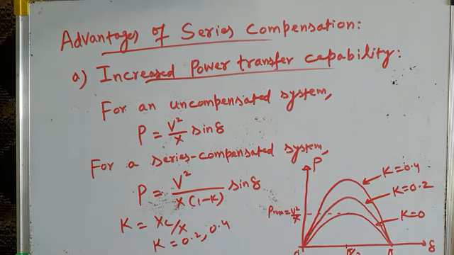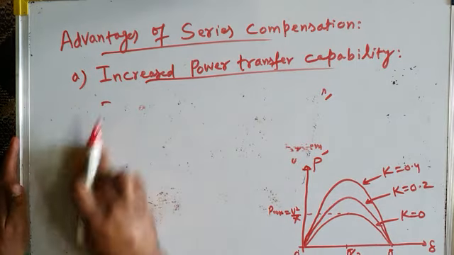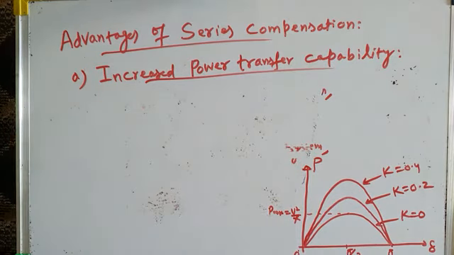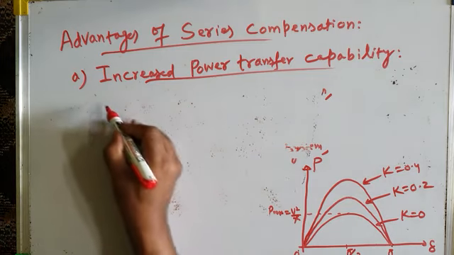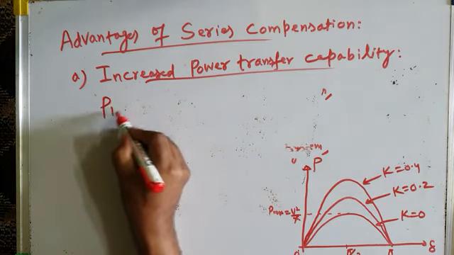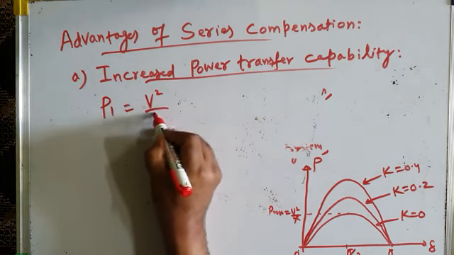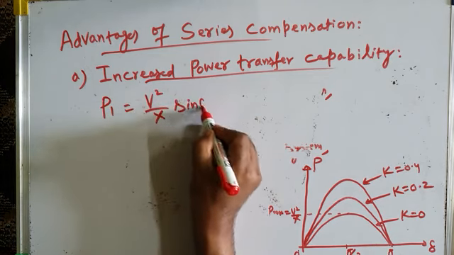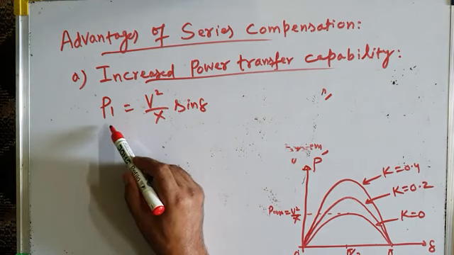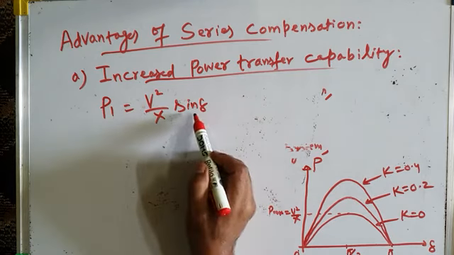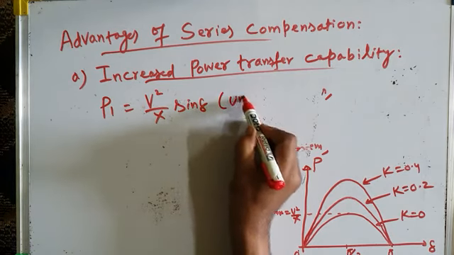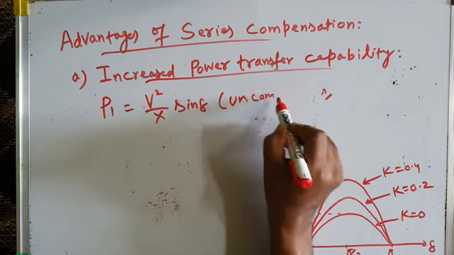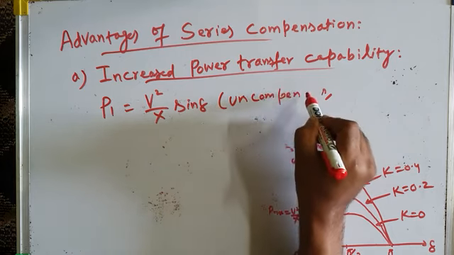Okay, this can also be verified if we write, say for example, P1 is equal to V square by X sine delta. This is the power transferred over the line for the uncompensated line. Within brackets, a few moments back I had written this equation; I am reproducing it.